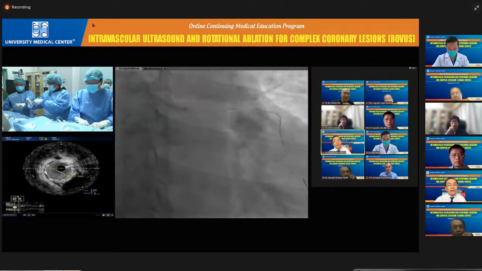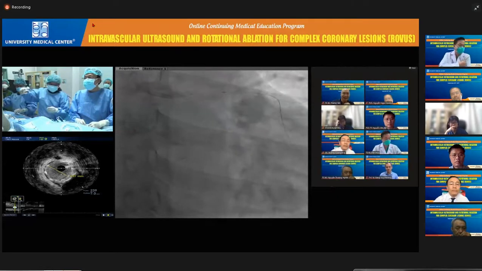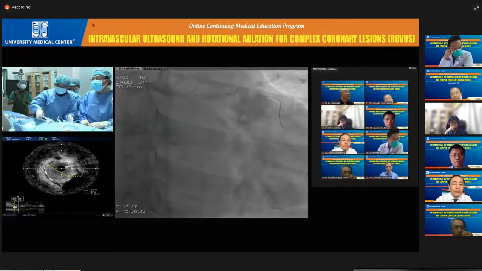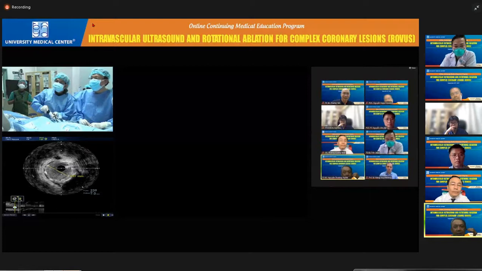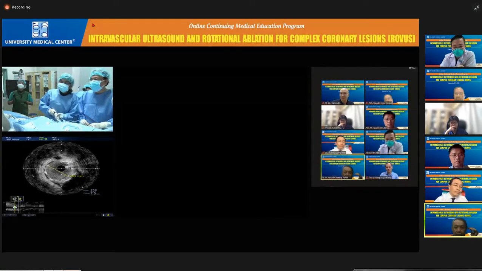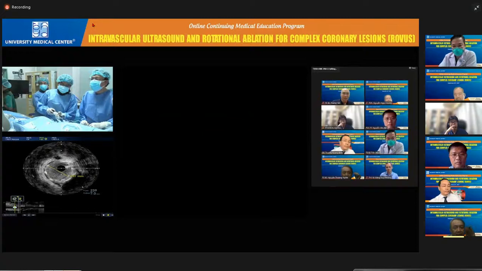So now I do the crush for the crush stent from the LAD to circumflex. Then this is a balloon. Guiding 7 French or 6 French? Dr. Wu, this is a 7 French guiding catheter. 7 French. Yes. Okay, thank you.